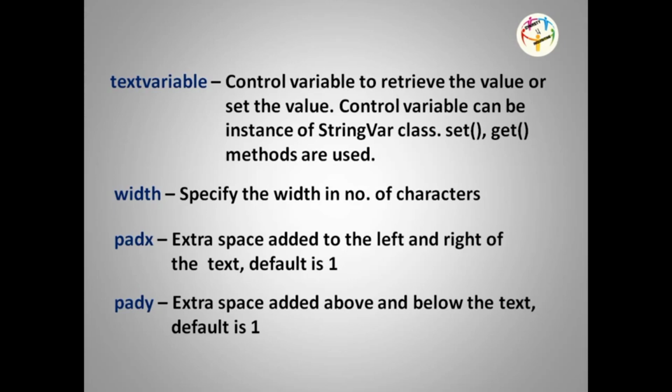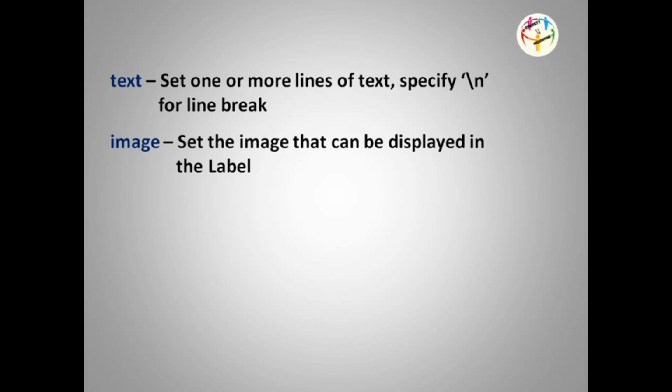Similarly, pad Y means we can add extra space above and below the text, and default is 1. Similarly, there is an important parameter, that is text, and using this argument we can specify 1 or more lines of text, and in case of multi-line we can specify /n for line break. And there is image, through which we can specify or set the image that we want to display in the label.